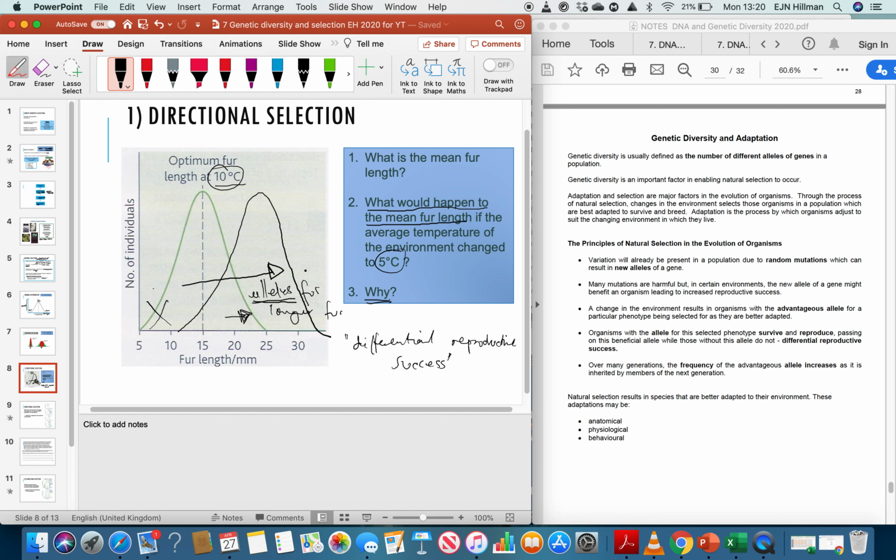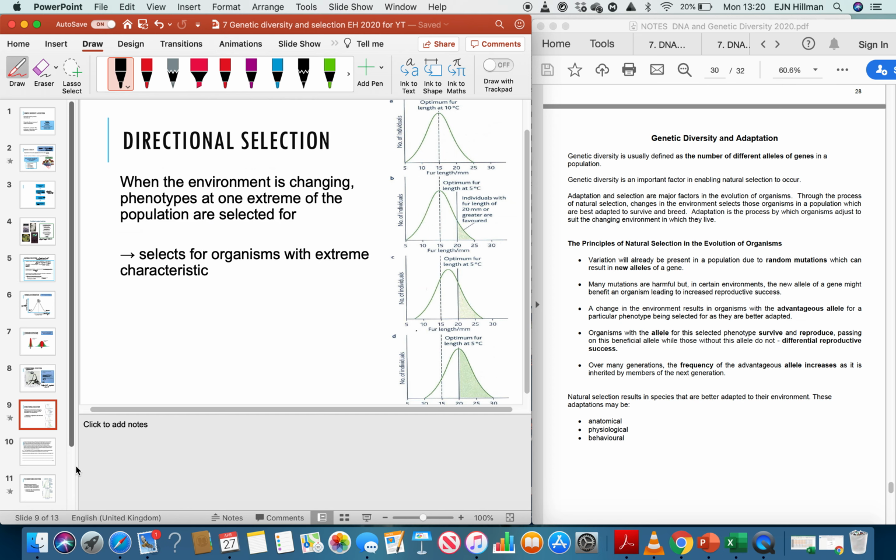That moves that normal distribution, that bell-shaped curve, in one direction. Okay, so this is directional selection. Now, in fact, in most exam questions, you would also get a marking point just for saying this is an example of directional selection. So stick that in.